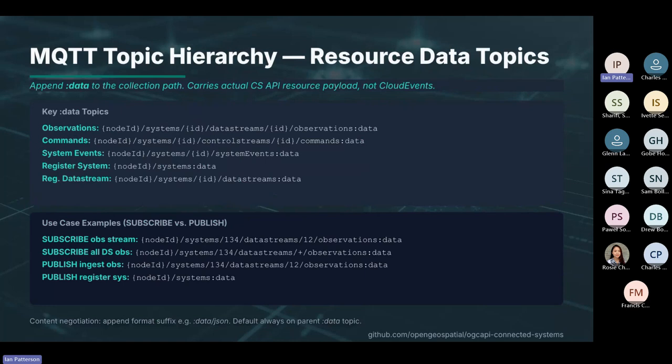For data topics, this is where we diverge a little bit from the regular Connected Systems REST API, because it works out best this way to have a data endpoint here. There was a little back and forth about actually having data be its own level in the topic hierarchy.